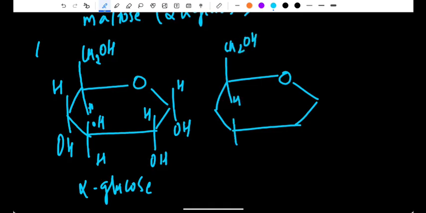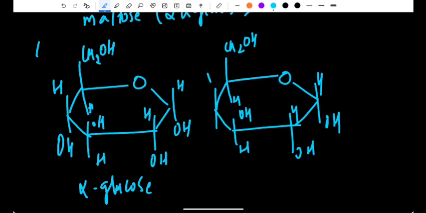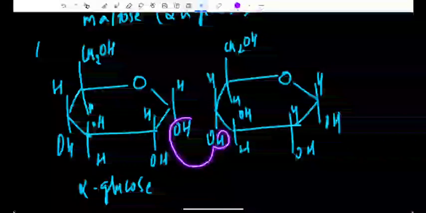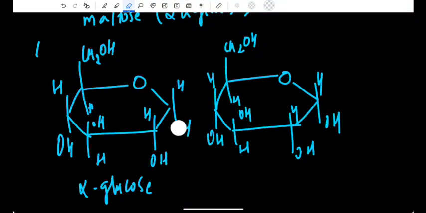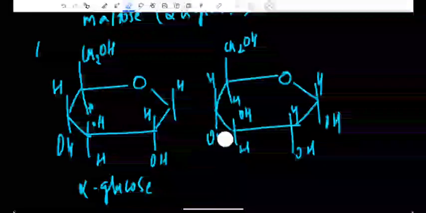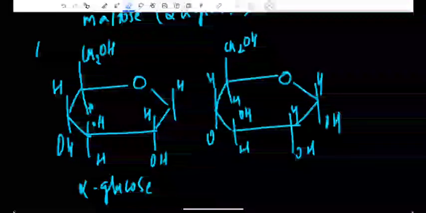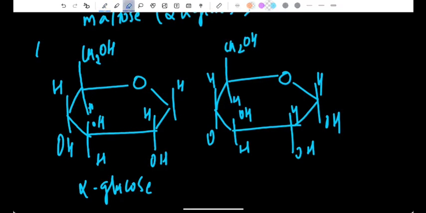CH2OH, H, OH, H, H, OH, H, OH, H, OH. Here one OH from one sugar and one H from the other will be removed. So this bond we can draw like this.